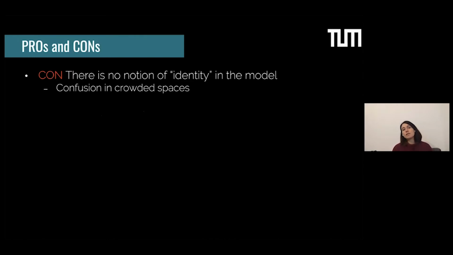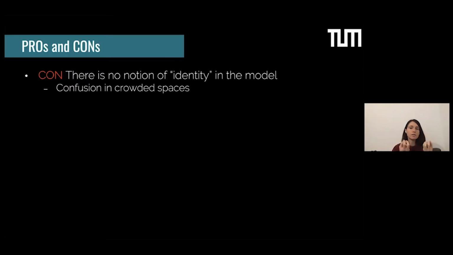But of course, this is a very simple model, so there are quite some disadvantages. First of all, the model doesn't have a notion of identity. You have a bounding box, and everything that the regression is going to do is snap to the closest pedestrian in the vicinity, not to the pedestrian that you are tracking.